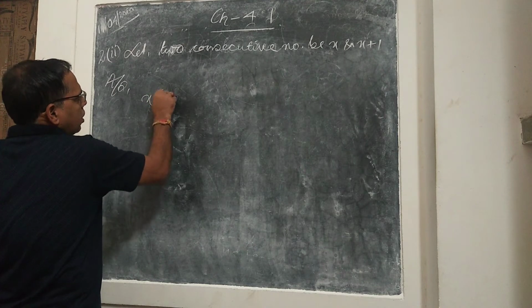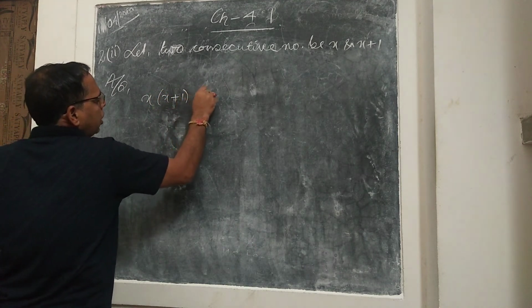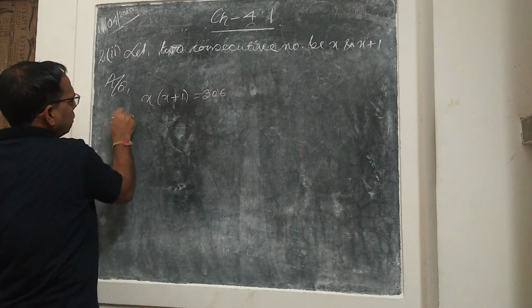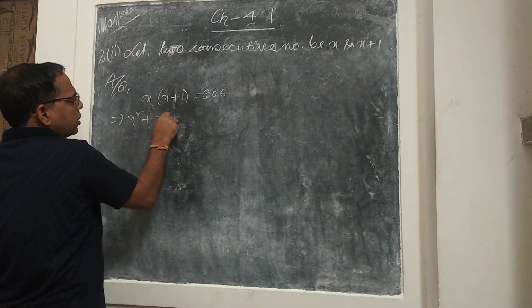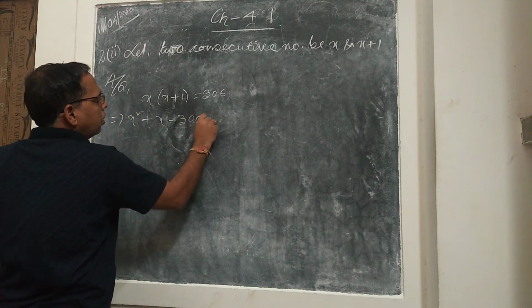So x times x plus 1 equal to 306. Then x square plus x minus 306 equal to 0.